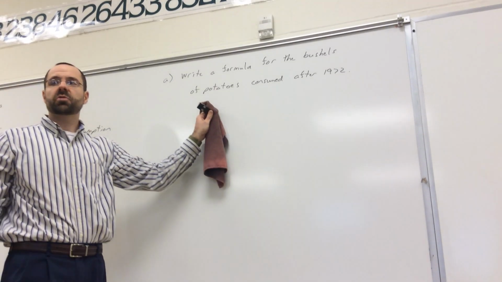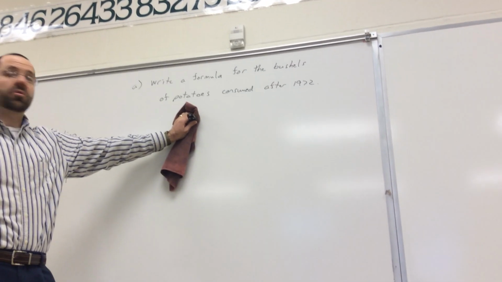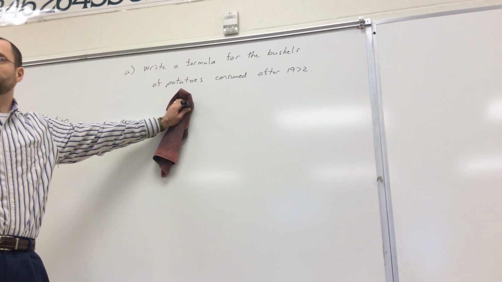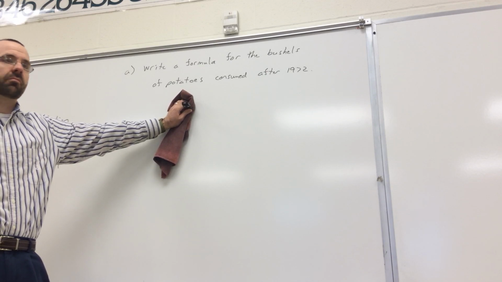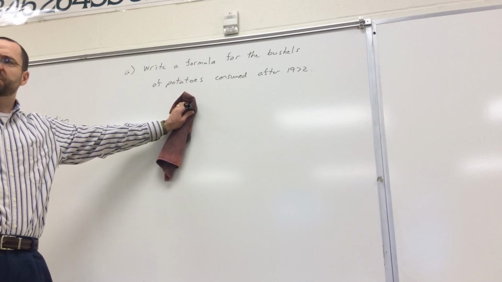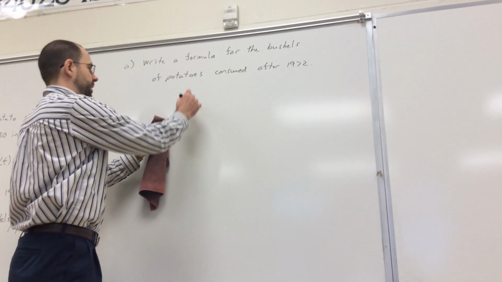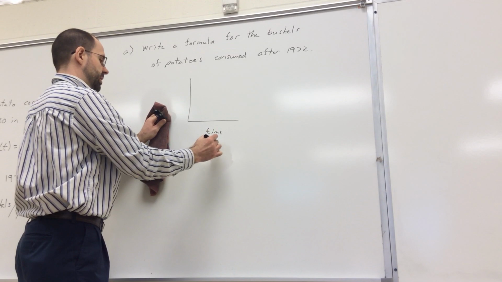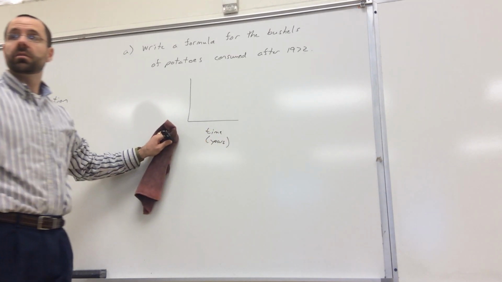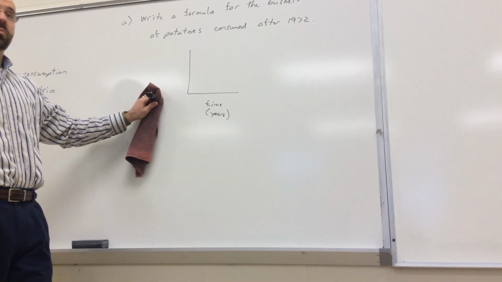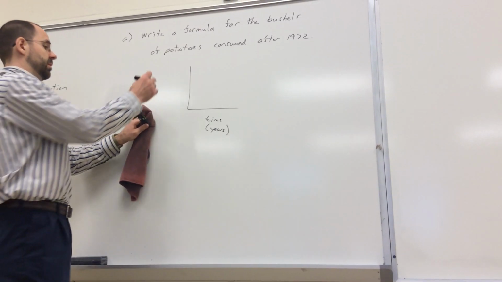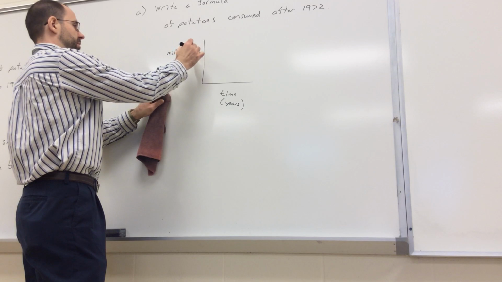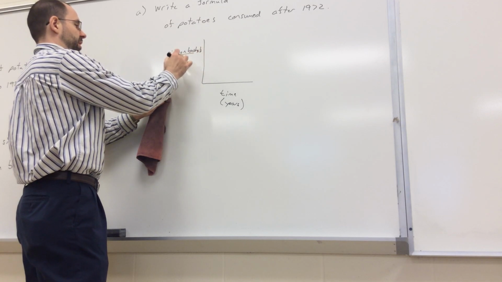So we're trying to figure out a formula for the bushels of potatoes that were consumed after 1972. Okay, so this function inputs time in years, and it outputs the rate in million bushels per year.